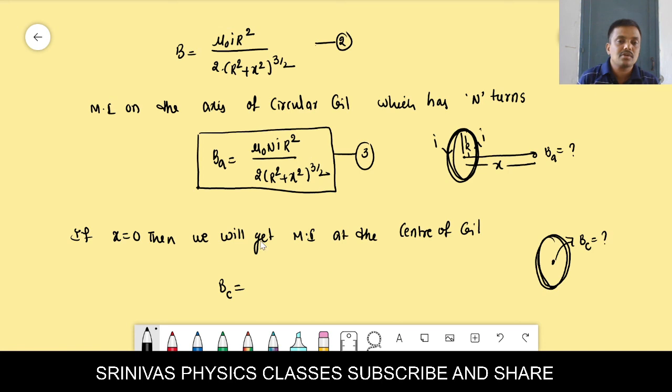In the above equation you write x equals 0, you will get like this, mu naught N I r square by 2 of r square plus 0 square, no need to write, whole power 3 by 2. What will you get here? Mu naught N I by 2 in r square, in the denominator we will get r cube. Is it correct, students?